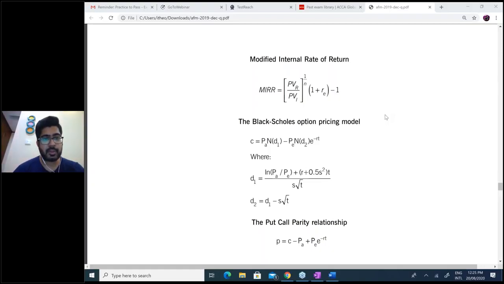It's the normal distribution value. Options or real options are the same thing, Shilpa.